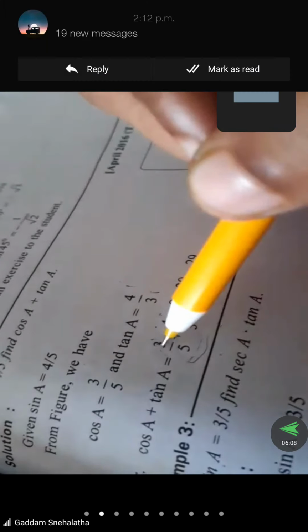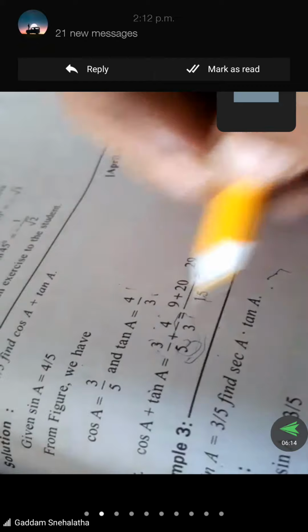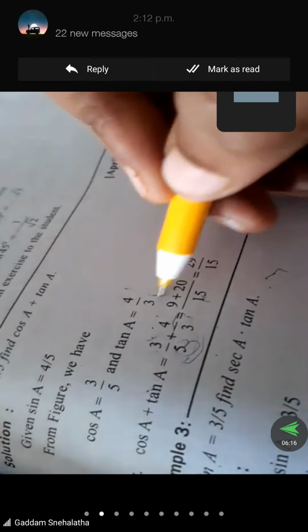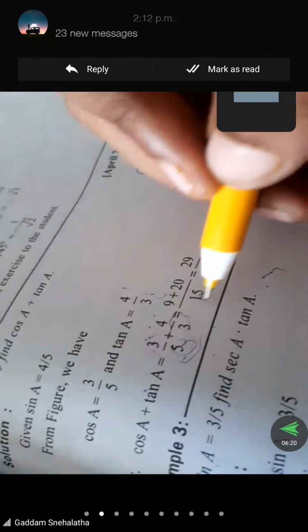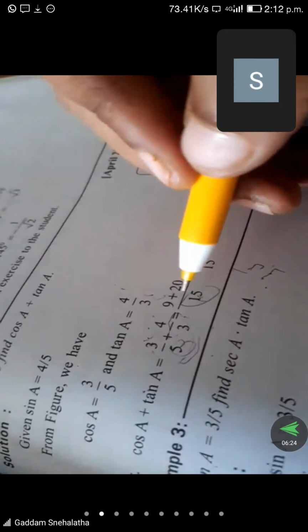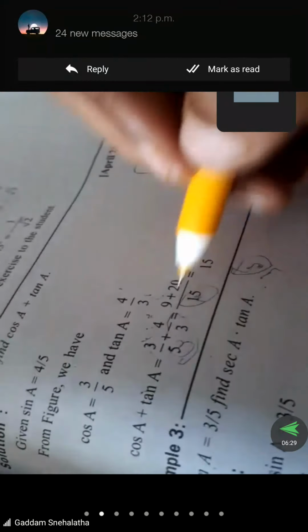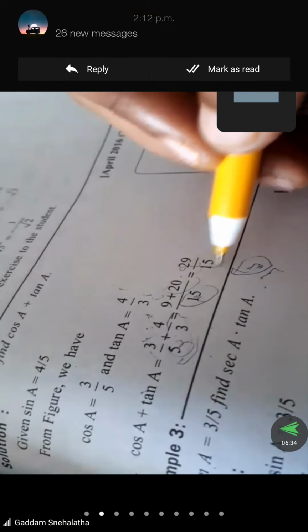So 3 times 3 is 9, plus 5 times 4 is 20. So 9 plus 20 is 29 by 15. So like this we will do the problem. Do you understand?